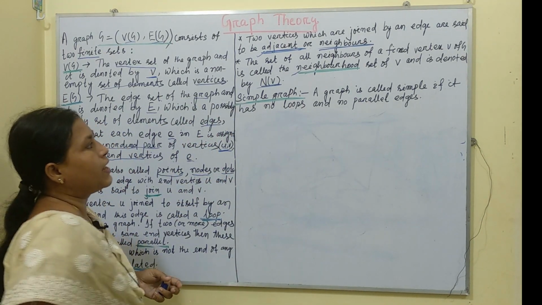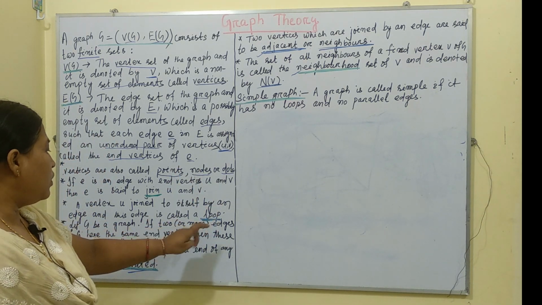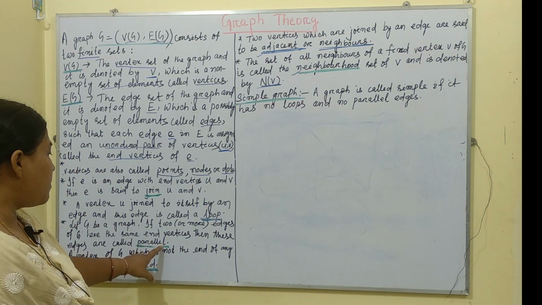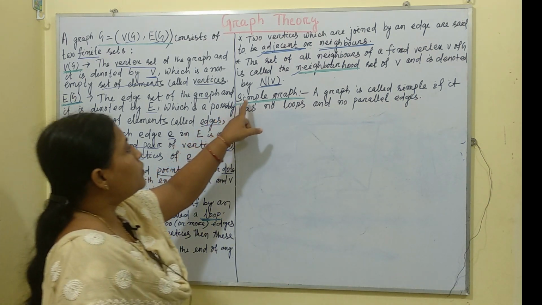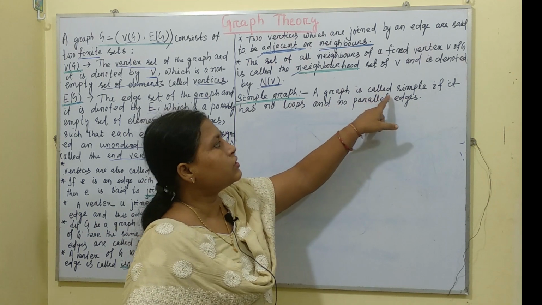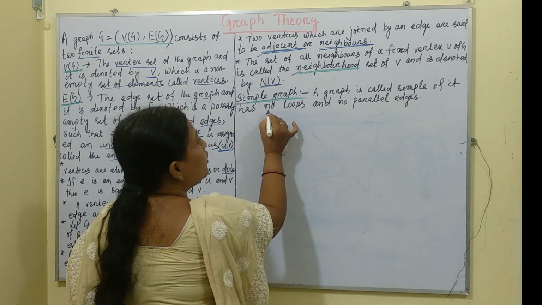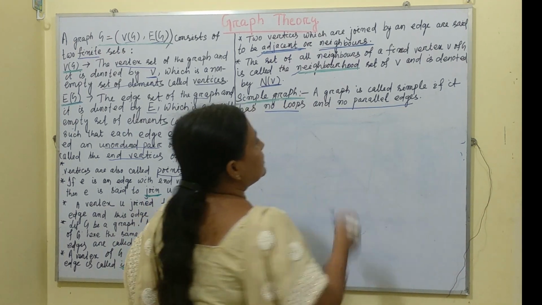What is a simple graph? You remember loops and parallel edges. So what is next? Coming to the point: simple graph. A graph is called simple if it has no loops and no parallel edges.